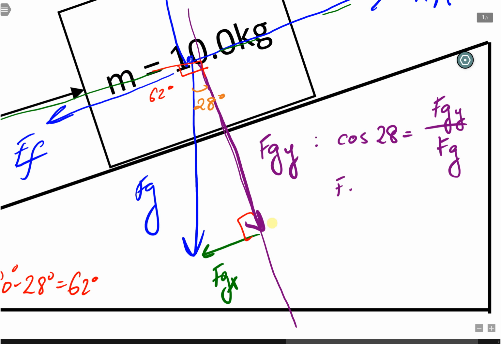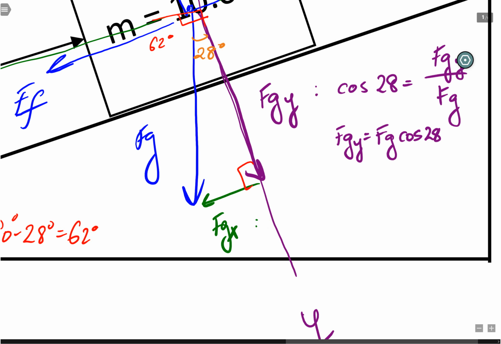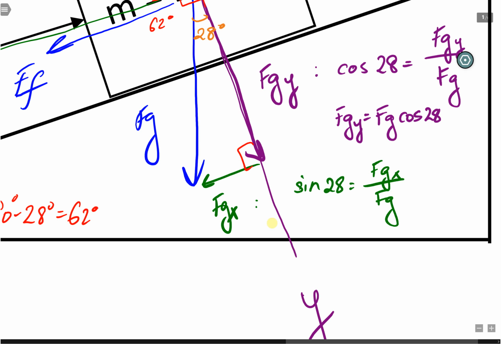Therefore, Fgy is equal to Fg times cosine 28. For Fgx, by default it will be sine, since it's the opposite over the hypotenuse: sine 28 equals Fgx over Fg, and multiplying Fg on top, Fgx is equal to Fg times sine of 28.